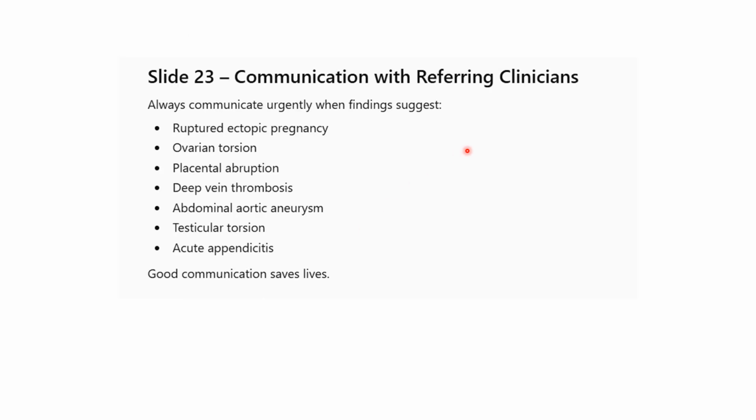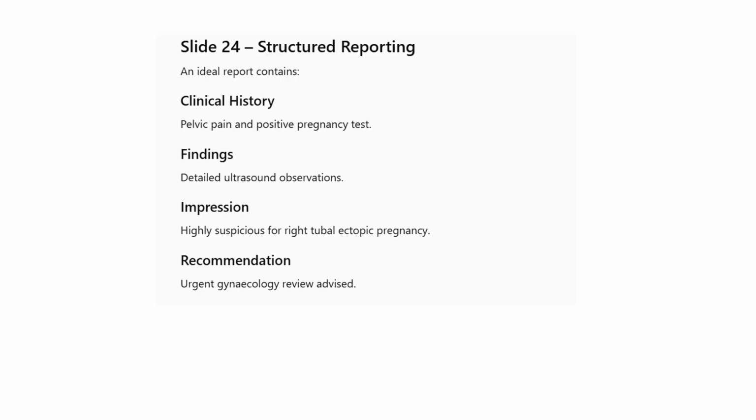Communication with referring clinicians. Always communicate urgently when findings suggest a ruptured ectopic pregnancy, ovarian torsion, placental abruption, deep vein thrombosis, abdominal aortic aneurysm, testicular torsion, appendicitis. Good communication always saves lives.